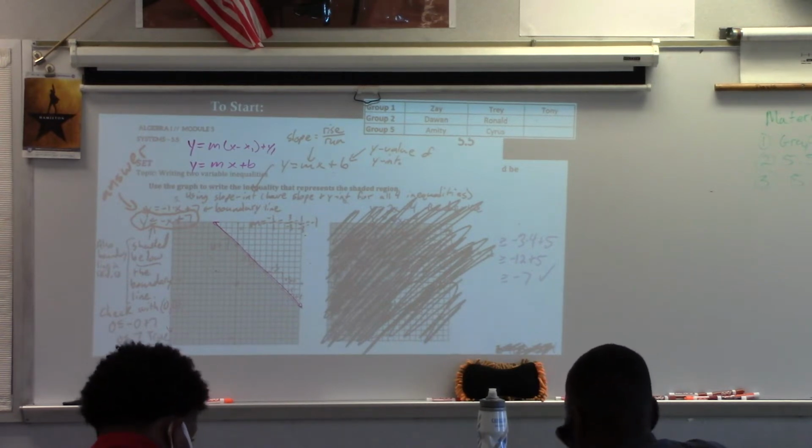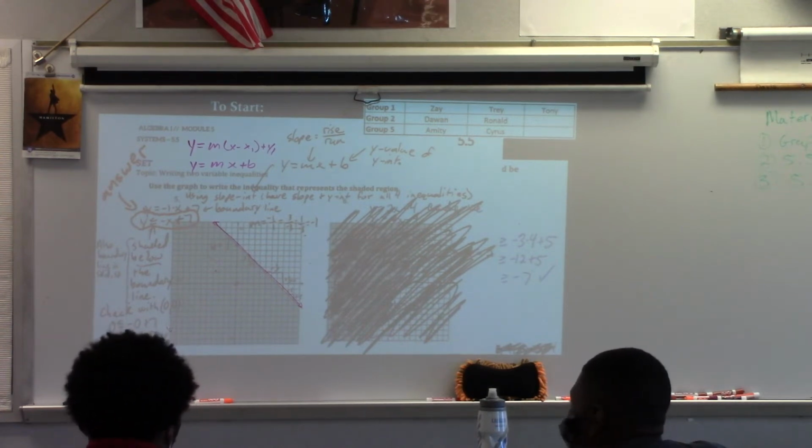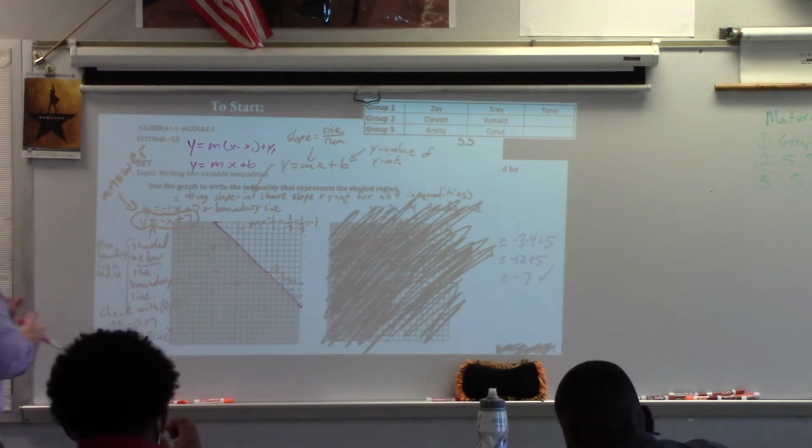What are they? RJ, what are the 2 intercepts we can have on a graph? X-intercept and y-intercept. Remember, it's where we cross the x-axis and where we cross the y-axis. If we want slope-intercept, which one do I want? The y-intercept, right? And so that's an easier equation.